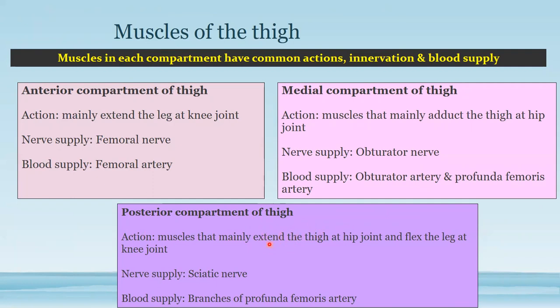You either say directly to extend the hip, or extend the thigh at the hip joint, or flex the leg at the knee joint. So the movement is actually performed at the joint. Okay, the flexion at the knee joint. And the muscles of the posterior compartment of the thigh are supplied by the sciatic nerve, and the blood supply is by branches of the profunda femoris artery.